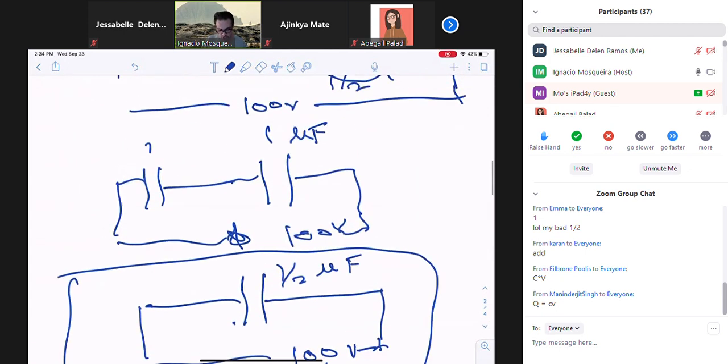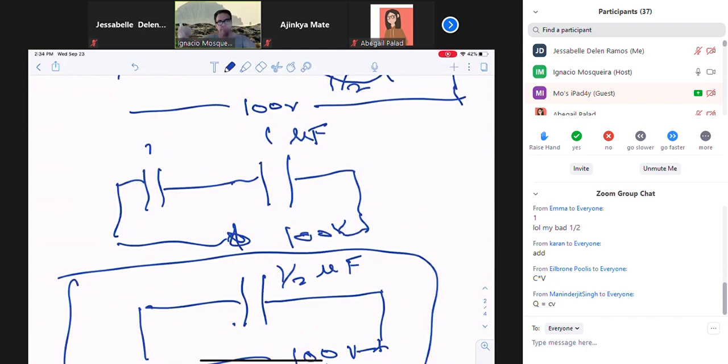Now, how much is the charge on this capacitor? We're walking backwards, and that's what you have to do. We got a number for the charge on this capacitor at the end. What is the charge on that capacitor? We'll keep decomposing, going backwards to see if we can figure out the charge on one of the initial capacitors.